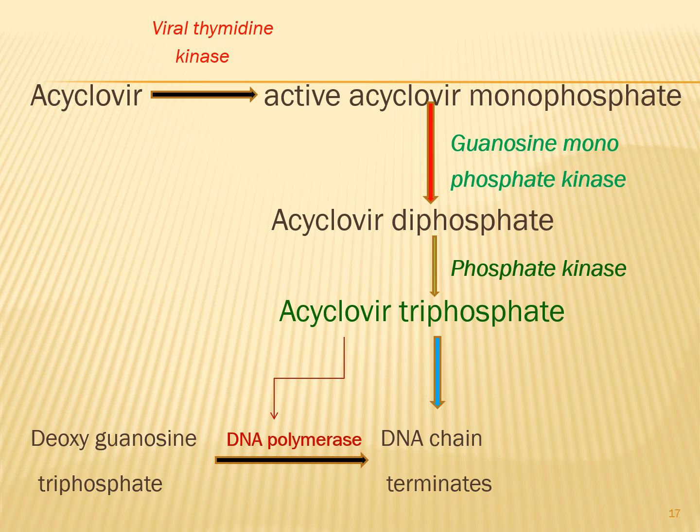Then acyclovir triphosphate competitively blocks, acting as a competitive inhibitor or alternate substrate, or as a chain terminator, and the DNA chain gets terminated. Deoxyguanosine triphosphate is a nucleoside precursor used in cells for DNA synthesis.